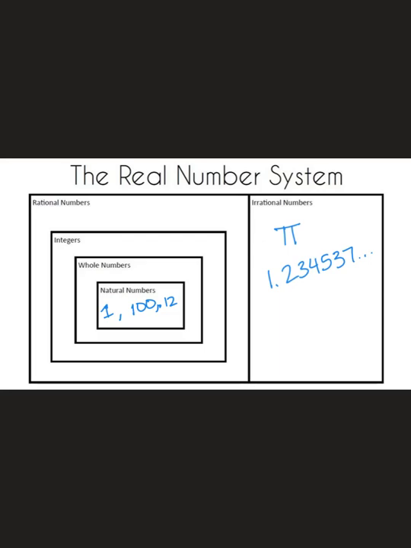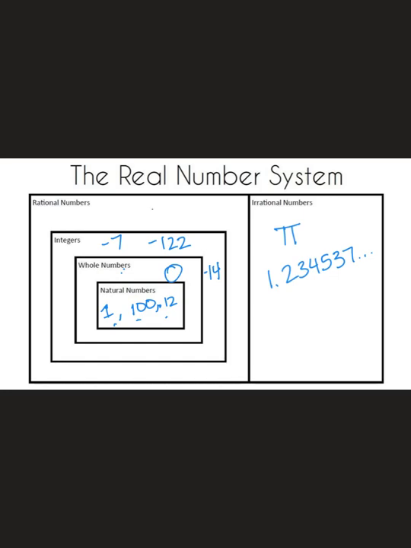So all of these natural numbers are whole numbers, but not every whole number is a natural number. And our example of that is 0. And then integers, we've got our negatives that'll go in here. Whatever numbers you like. And our rational numbers, those are our fractions or repeating or ending decimals.